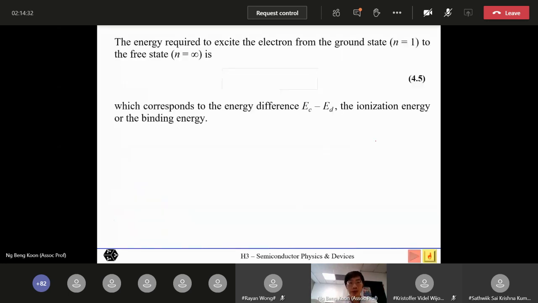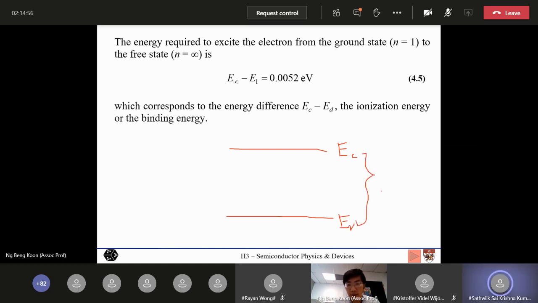This works out to just 0.0052 eV, which is very, very small. If you draw this in the context of the band diagram, in the case of gallium arsenide, the band gap between EC and EV is 1.42 eV.